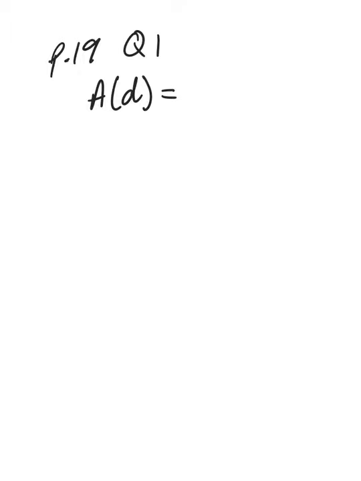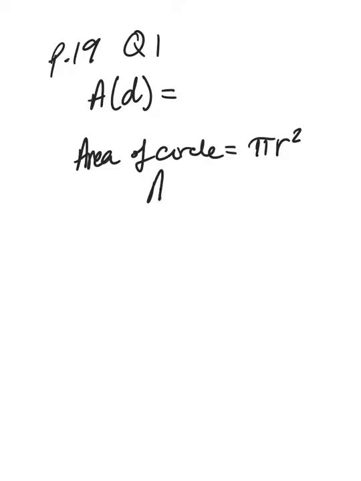Now, here's the deal. If I asked you for the area of a circle, you should all be able to tell me it's pi r squared. Not 2 pi r, that's circumference. It's pi r squared. But this is area as a function of radius, where radius is your variable.